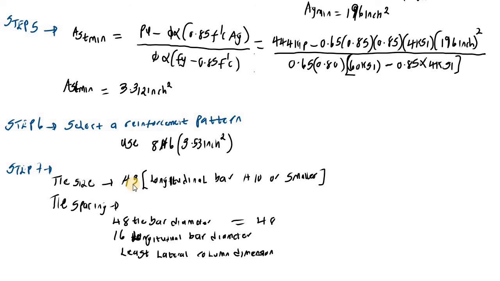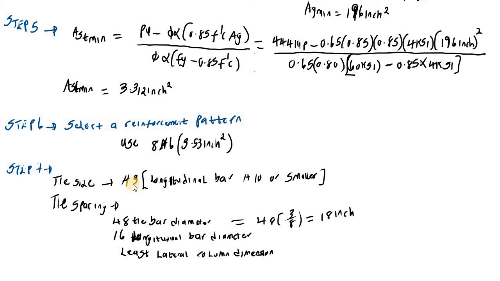But if it is lesser than number 8, then you need to take the bar size and divide it by 8. Hope you get that. Now because number 3 is obviously lesser than number 8, we are going to divide 3 by 8. So it's going to be 48 multiplied by 3 over 8. If you calculate this, we are going to get 18 inch.